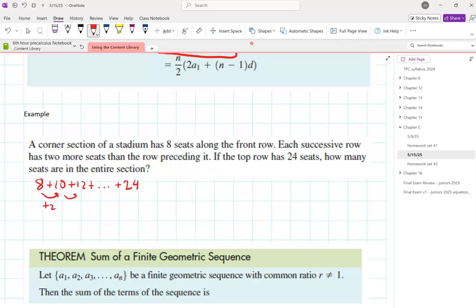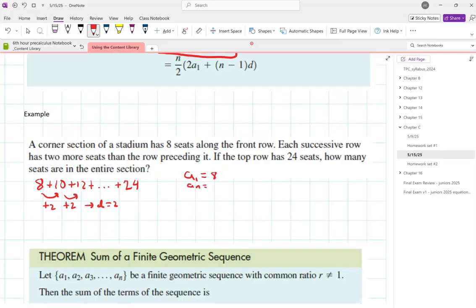So I recognize right away that this is an arithmetic sequence whose common difference is 2. If it's arithmetic and we're adding these things up, I want a finite arithmetic series here. We know the first term is 8.